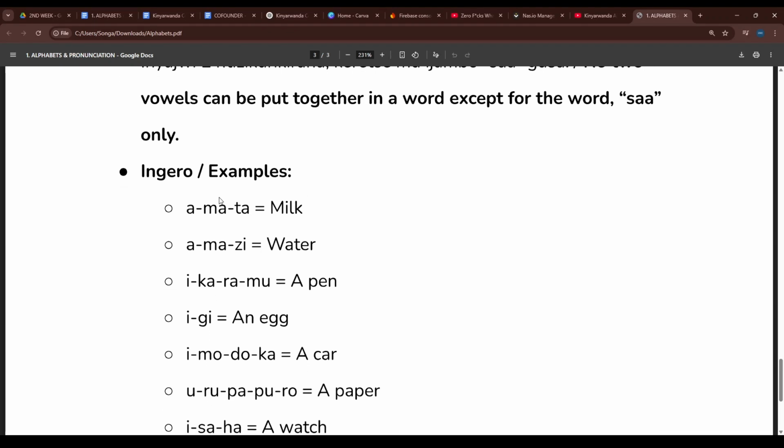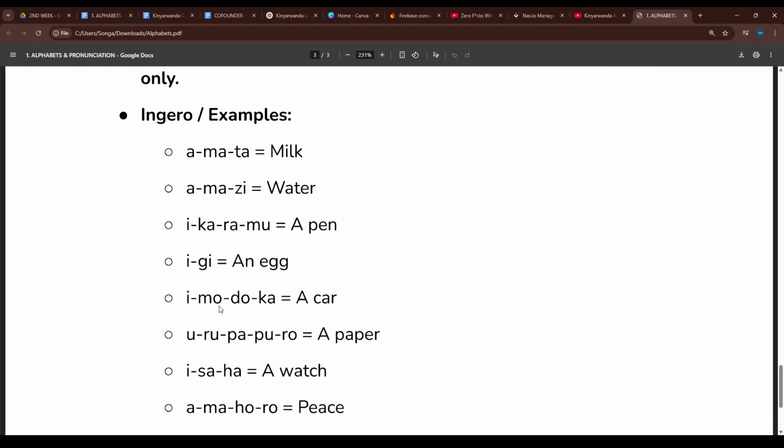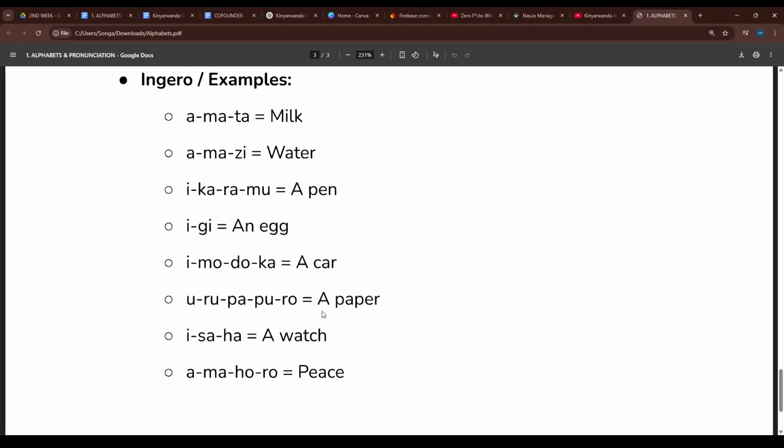So let's look at some examples. We have amata. Amata is milk. We have amazi. Amazi is water. And we have ikaramu, which is a pen. We have igi, which is an egg. We have imodoka, which is a car or a vehicle.